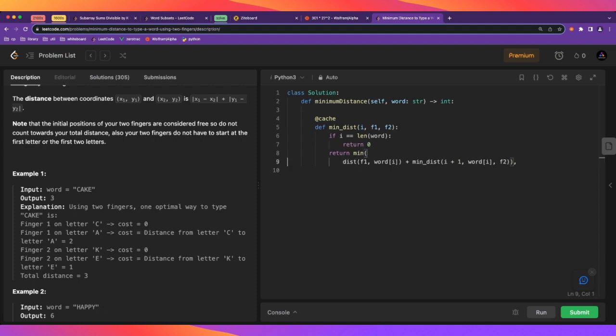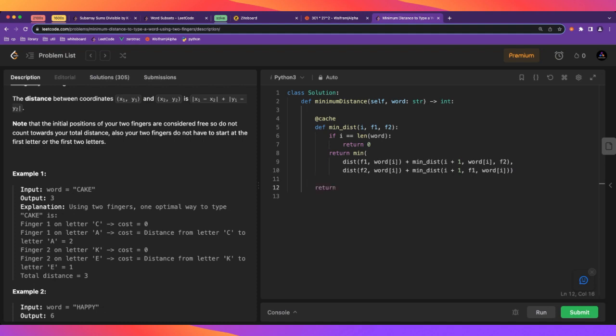And then the other one is pretty similar, so I'm going to copy paste it. Here finger 2 goes to word of i, and finger 1 stays the same.